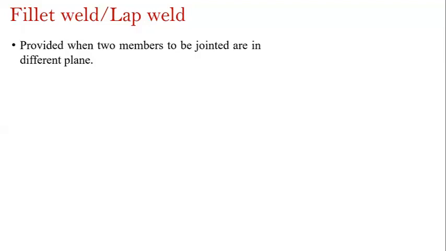Similarly, in a lap weld or fillet weld, you need two members, and these two members are to be jointed in a different plane.